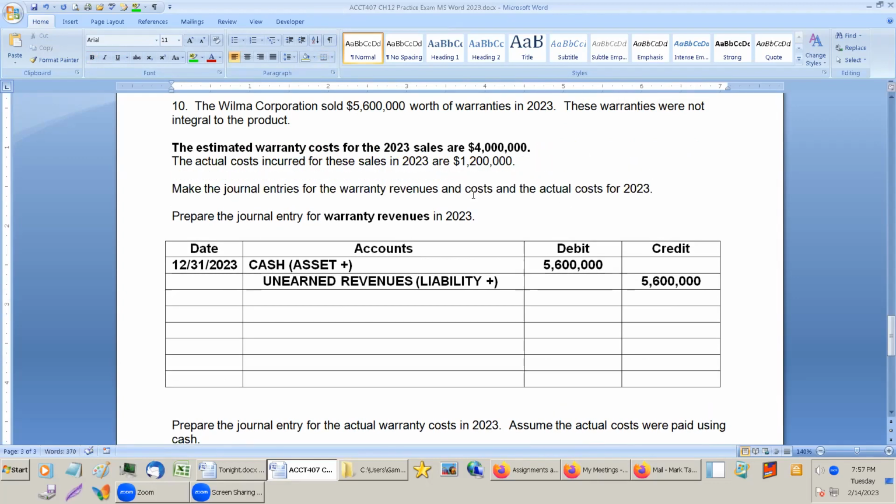Not that I ever do get confused, but the outside chance. All right, so the estimated warranty costs are 4 million. The actual costs incurred are 1.2 million. So we're going to use that to figure out how much of it we have earned.